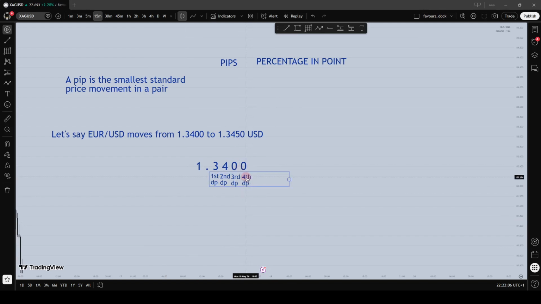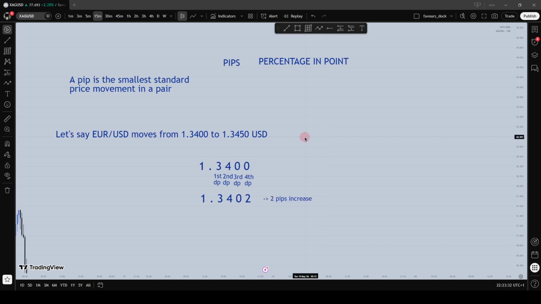From this fourth decimal place is what we are interested in. As the change from this fourth decimal place increases, that is how we say pips increases. So let's say price increased from 1.3400 to 1.3402. How many pips did price increase?